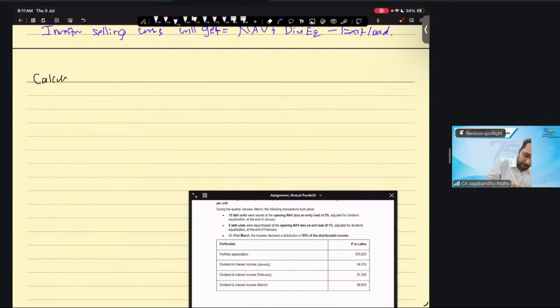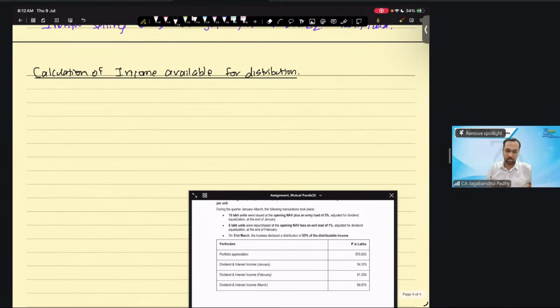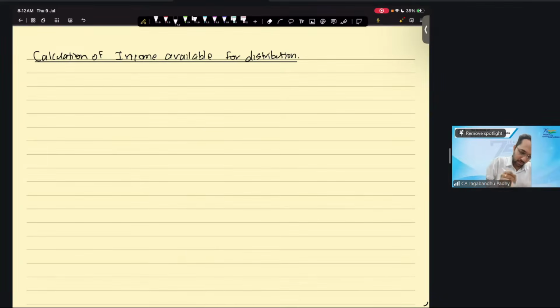So calculation of income which is available for distribution. So we'll see this as amount in units.